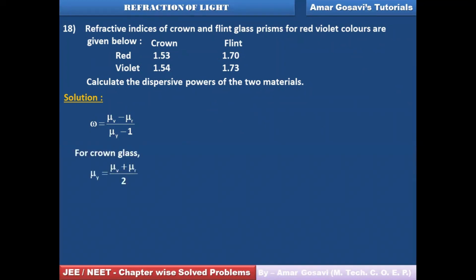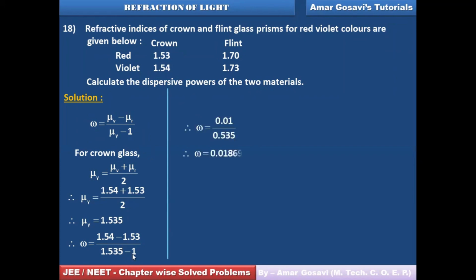For crown glass, mu yellow can be found as the average of mu violet and red. Substitute the values and you get mu yellow as 1.535. Once you get mu yellow, and you know the refractive indices for red and violet color, put them in this equation. When you put them in, you get the dispersive power for the crown glass as 0.01869.